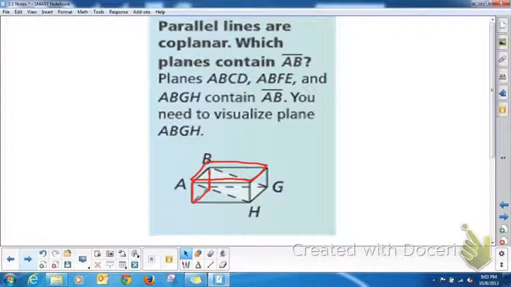But there is also another plane here, a plane that you would have to imagine. It contains AB and it attaches it to GH. It goes diagonal through this. You need to be able to visualize these planes. And just like that, there is a plane that connects this top to this bottom that cuts through diagonally.